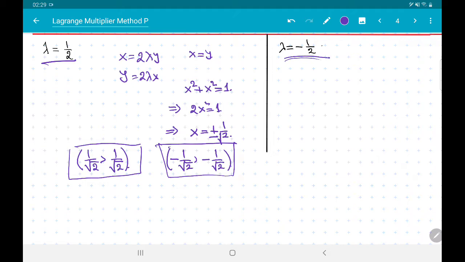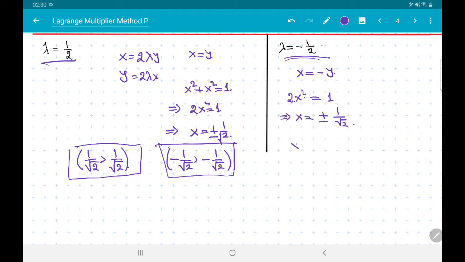What happens if lambda is equal to minus half? So you can see that this gives me x equal to minus y. So what happens if x is equal to minus y? The equation will not change too much. So then we are going to again have 2x square is equal to 1, and that gives me x equal to plus minus 1 by root 2.